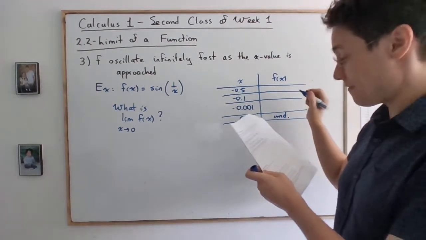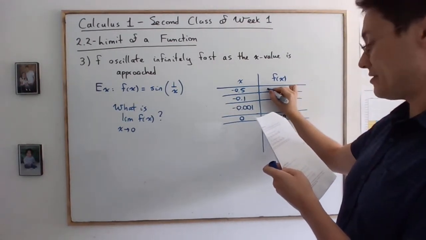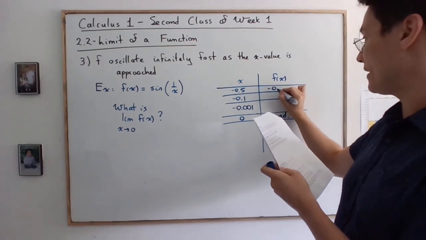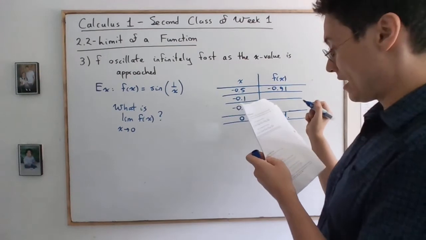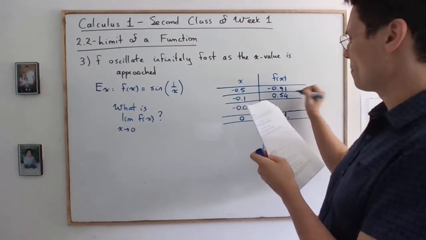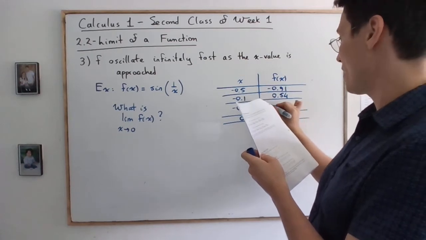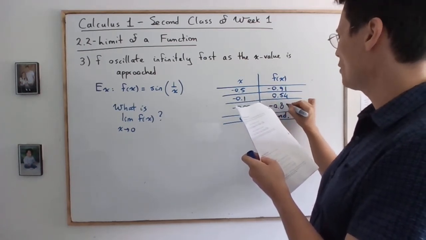The values of f that we have are -0.91, I'll just use 2 digits, then 0.54, and then negative 0.82.